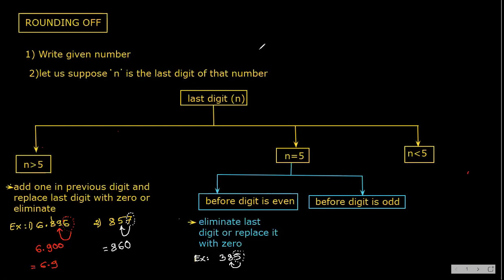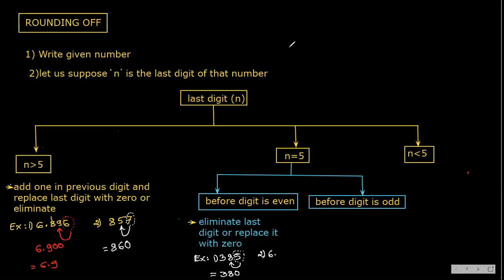Very good, 380. Sir, can it be 390? No, sir. That's what the rules say. Last digit is 5 now. More than 5 means 390. If equal to 5 and the before digit is even, you just keep it as it is. This 8 is an even number, and therefore we replace the last digit with 0 and round off this number as 380. Understand?